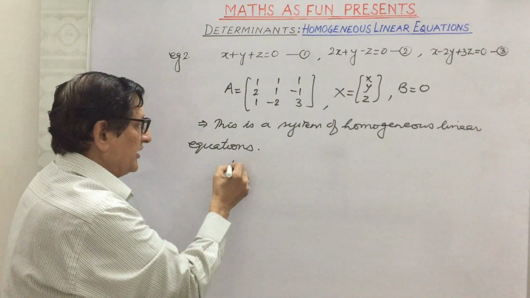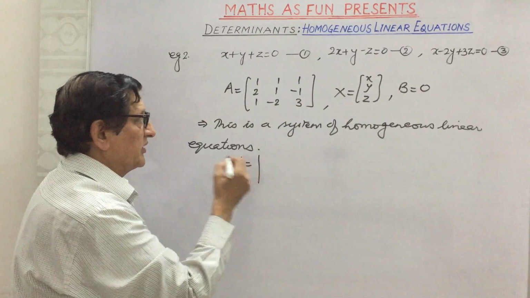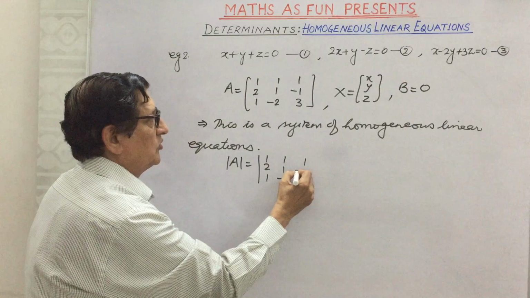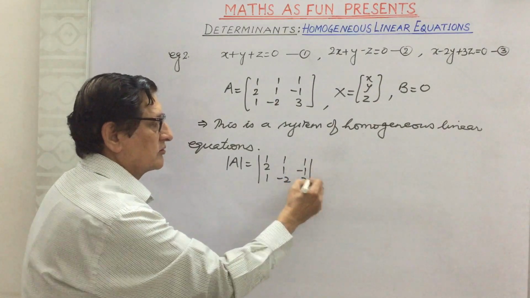Then what is determinant A? Determinant A here is 1, 2, 1, 1, 1 minus 2, 1 minus 1, 3.